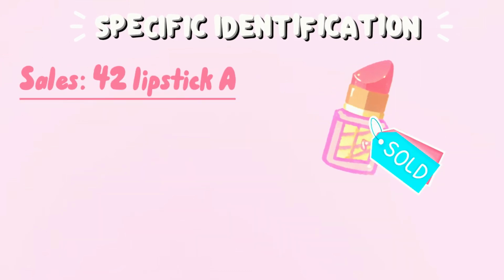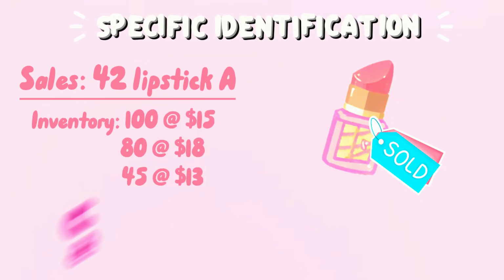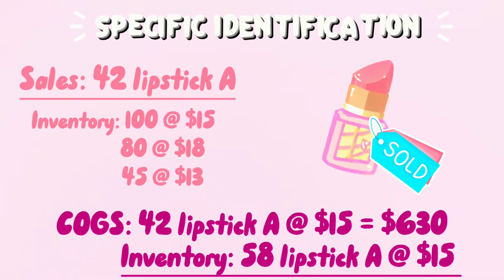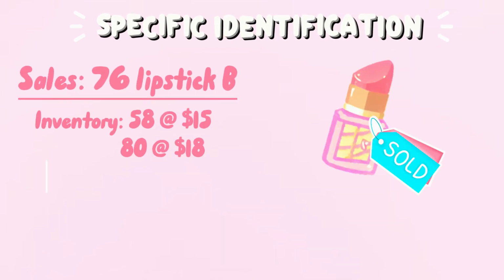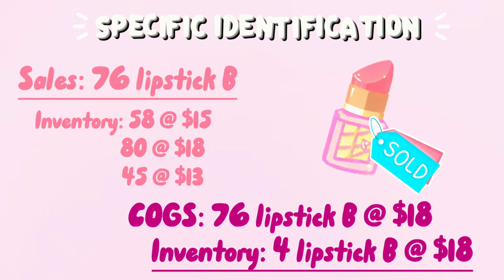If I sold 42 lipsticks out of my unit that cost me $15 each, I will record cost of goods sold as 42 lipsticks at $15 and take value away from my remaining inventory for that unit. But if I sold 76 lipsticks of the unit that cost me $18 each, I will record the cost of goods sold using those respective numbers.